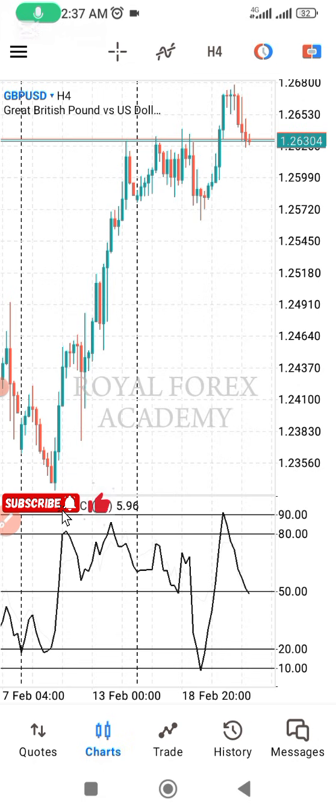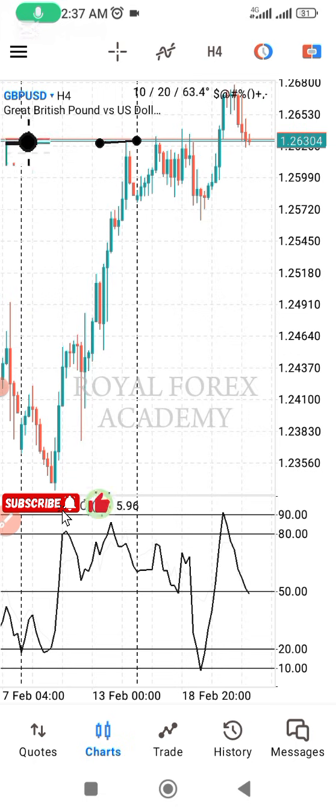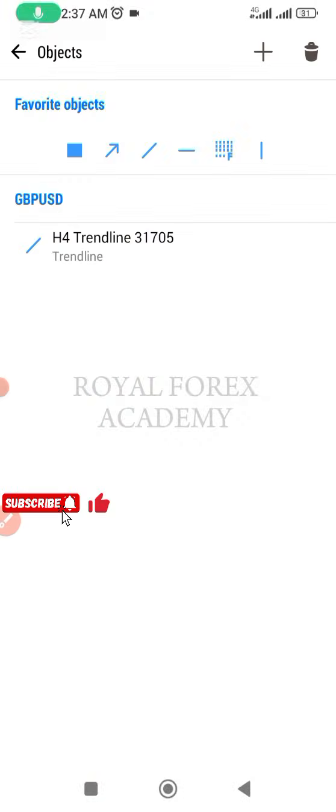Now, divergence will not play out immediately you see the signal. Please take note of that. Seeing a divergence alone is not enough for you to execute a trade. Look at this. This is a divergence, right?